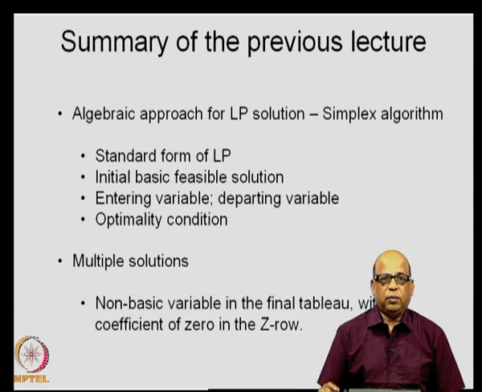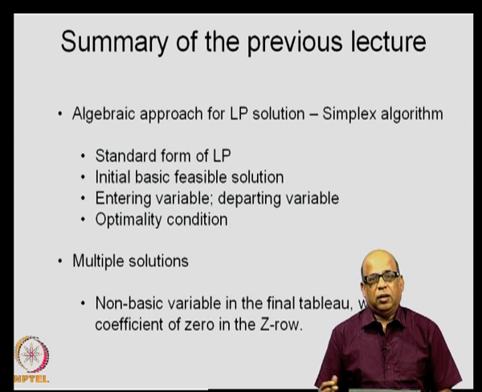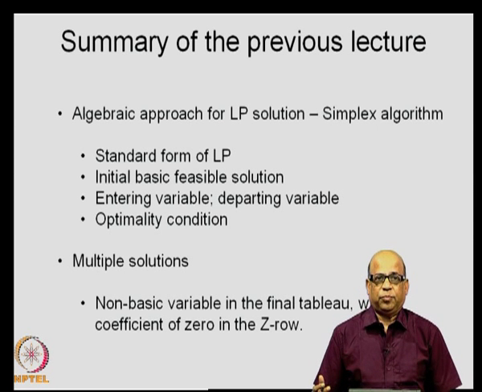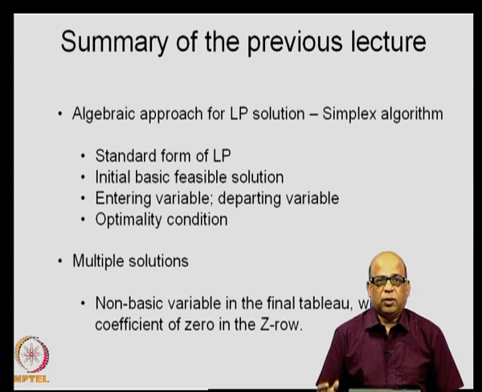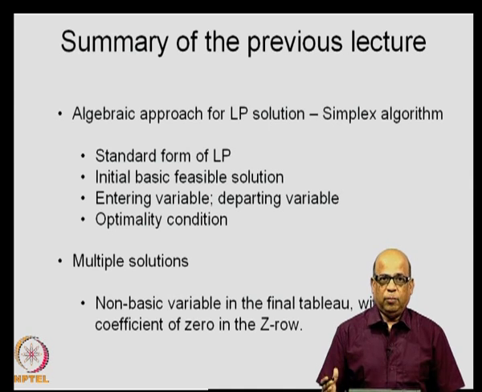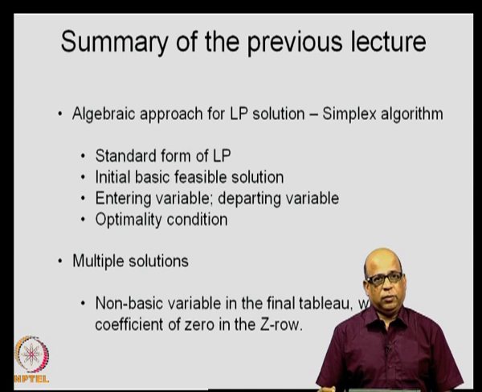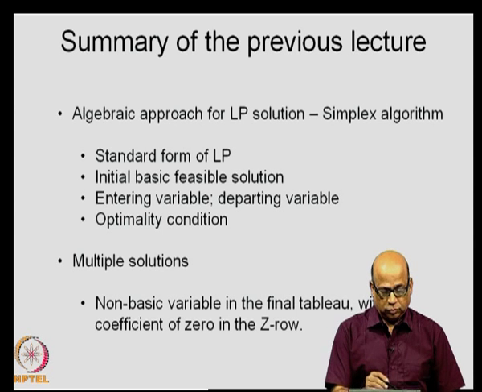You set n minus m variables to 0 and solve for the remaining m variables. These m variables for which you obtain the solution are called the basic variables, and the n minus m variables which you set to 0 are called the non-basic variables.